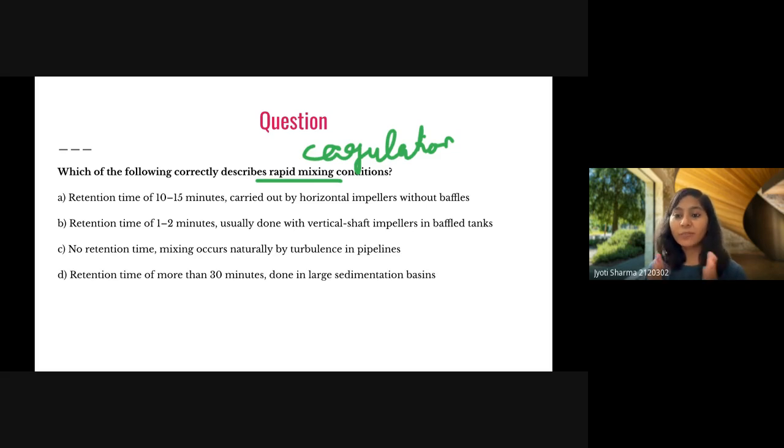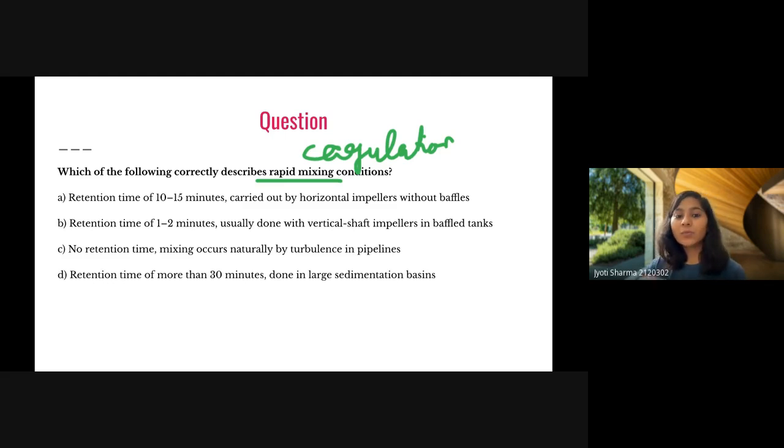So retention time of 10 to 15, 1 to 2 minutes, no retention time, or retention time of more than 20 minutes. Okay, Priscilla gave me B with a question mark, and Venkateshwara A. Okay, I will go with B only.